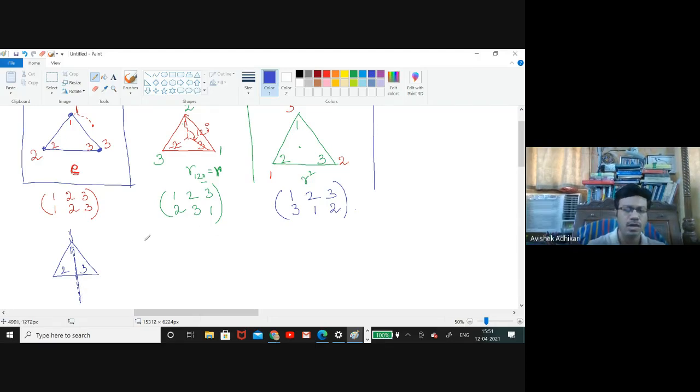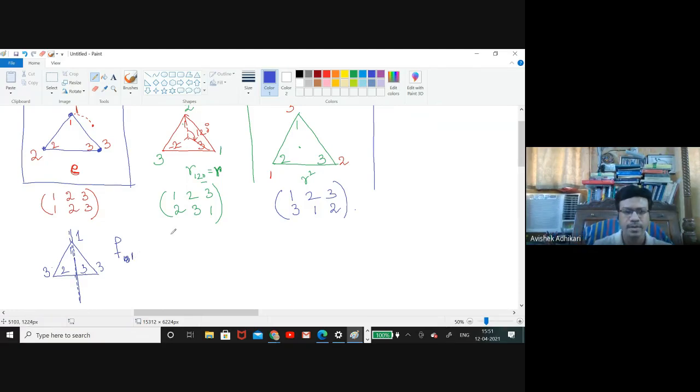So after reflection, what will happen? 1 will remain fixed here, 2 will come here, and 3 will come here, right? So I call it a reflection or flip. Flip about 1, 3. Sorry, flip about this axis. I call it F1.